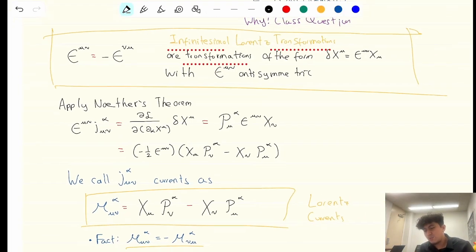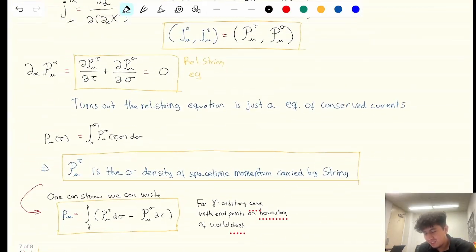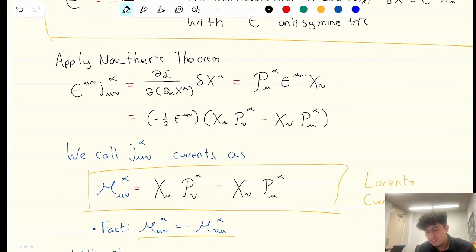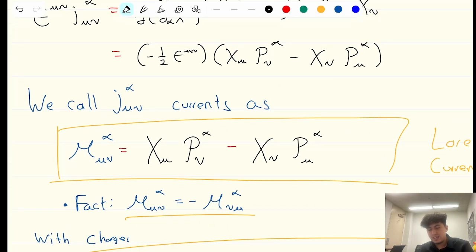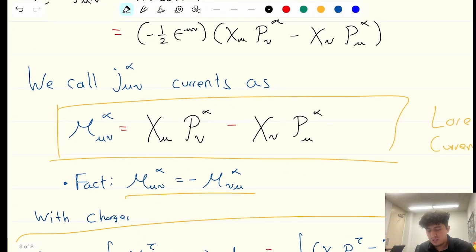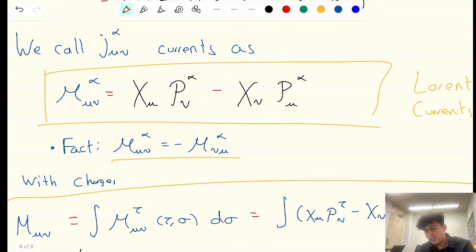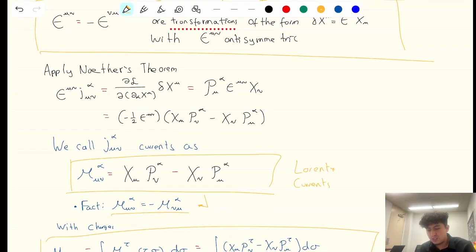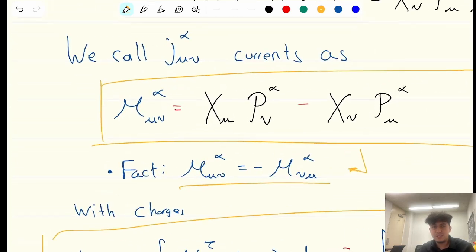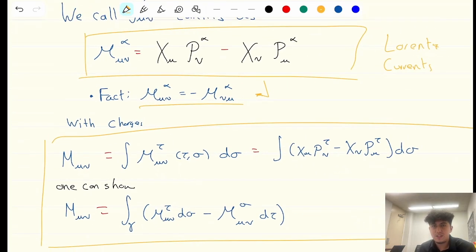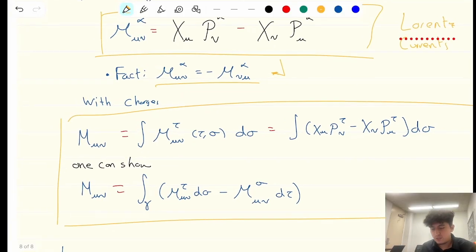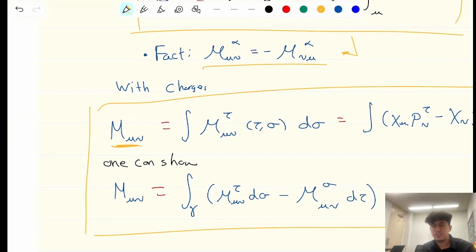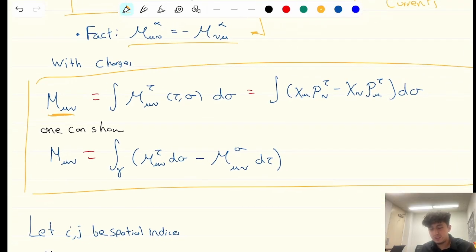Okay. So we can also apply Noether's theorem, same formula, just plug it in, and we find that we have currents, and our currents are going to have this form. That is going to be the string coordinates times the momentum minus the string coordinates times the momentum. Essentially, we have these different currents. I know there's a bunch of indices, and also you can show by construction, by having this thing be antisymmetric, that the currents are also going to be antisymmetric. And you can integrate over these currents to get a charge, and we get these charges, which are the Lorentz charges.